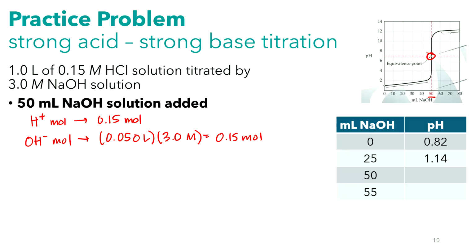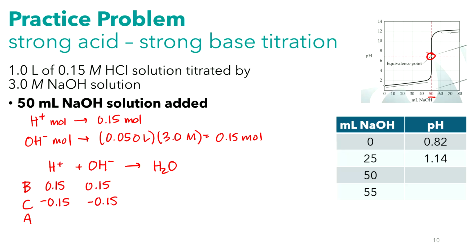It's good practice to do this in a BCA table because it's going to get more complicated when we're dealing with a weak acid and weak base, so we might as well give ourselves the best habits. So they're equally matched, and I wind up with 0 of both.